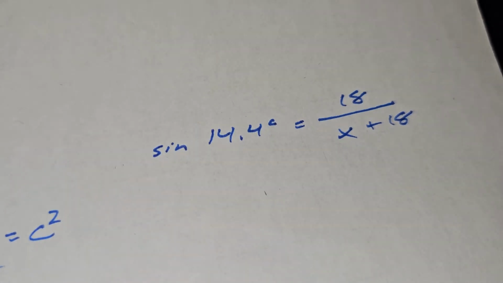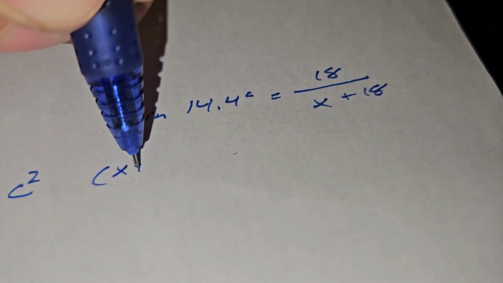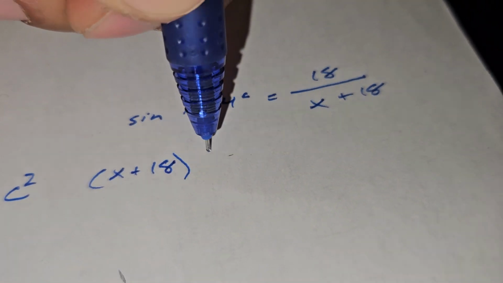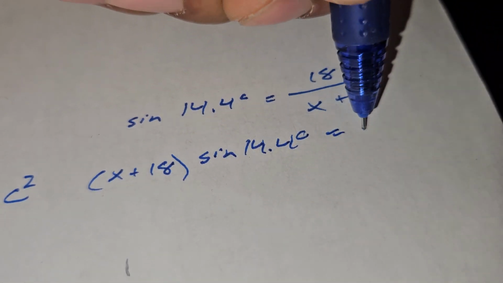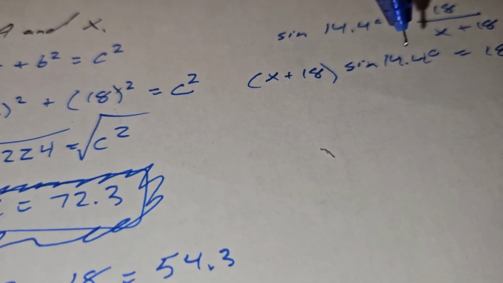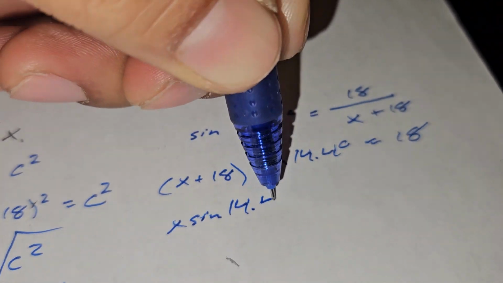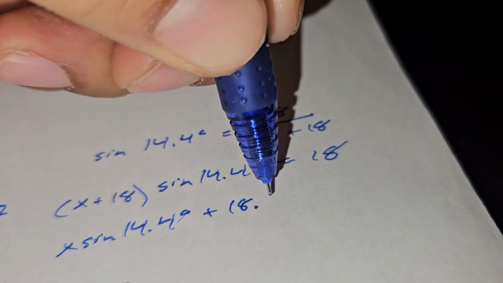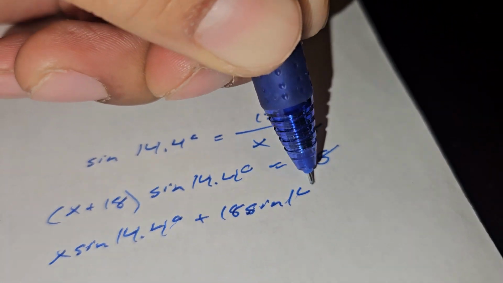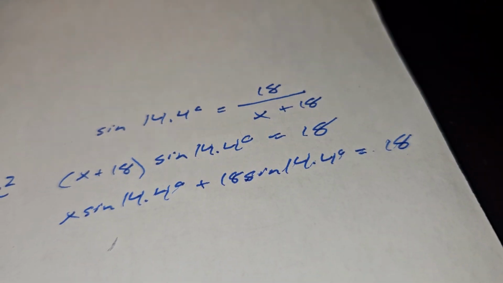Now let's solve it just how we solved all of them. Multiply both sides by x plus 18. Sine of 14.4 degrees times x plus 18 is equal to 18. Use the distributive property: x times sine of 14.4 degrees plus 18 sine 14.4 degrees is equal to 18.